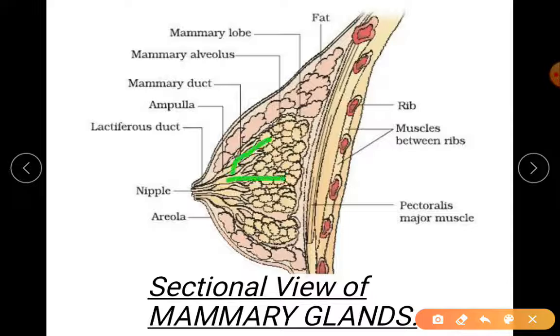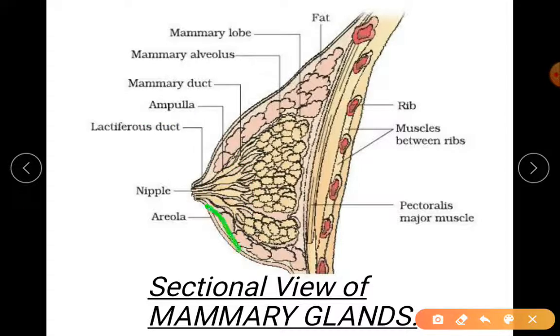From the alveoli, whatever milk is synthesized is secreted into the ducts, which is called your mammary duct. Finally they collect into the last final duct called lactiferous duct. Again you can find a wider region here called ampulla.